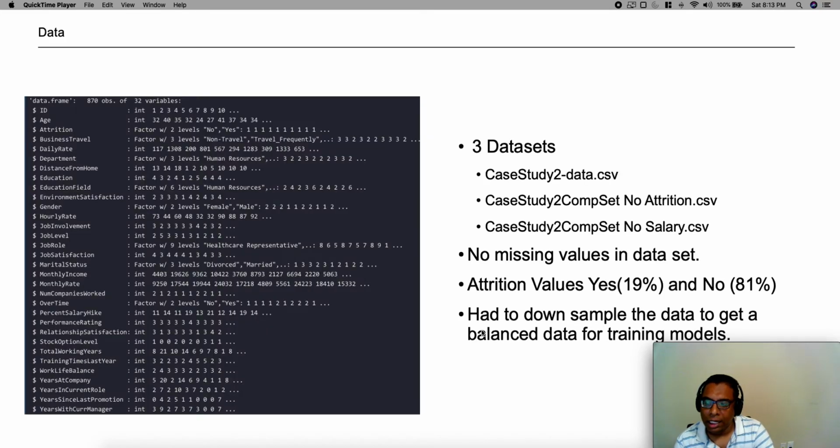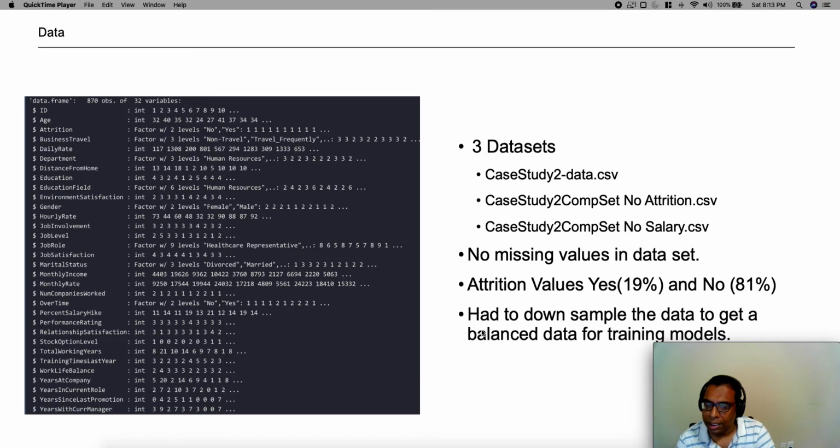Here is the data set that we got, and we had three data sets. The main data set is the case study 2 data set that we used for analysis and model building, and we had a no attrition data set for predicting attrition and a no salary data set for predicting the salary.